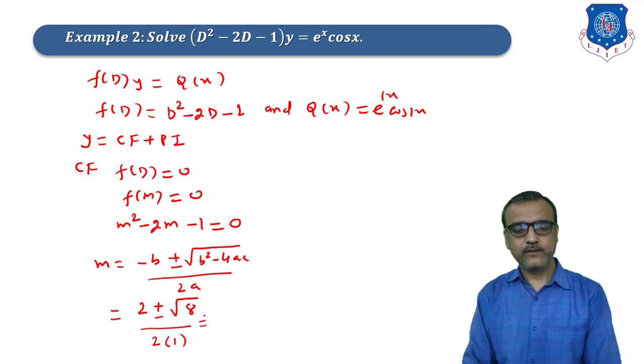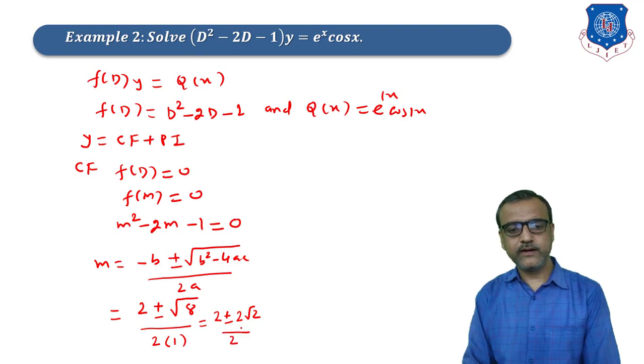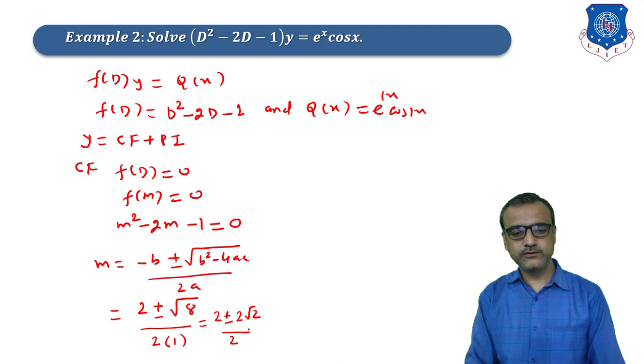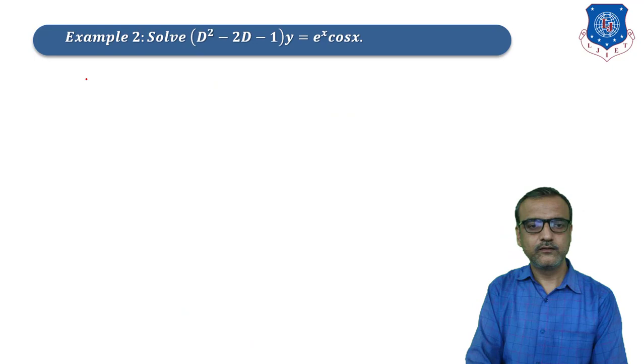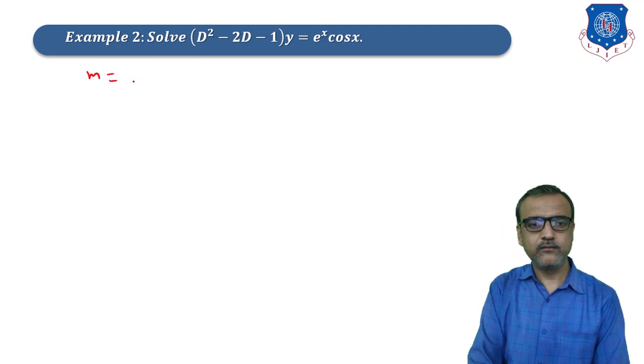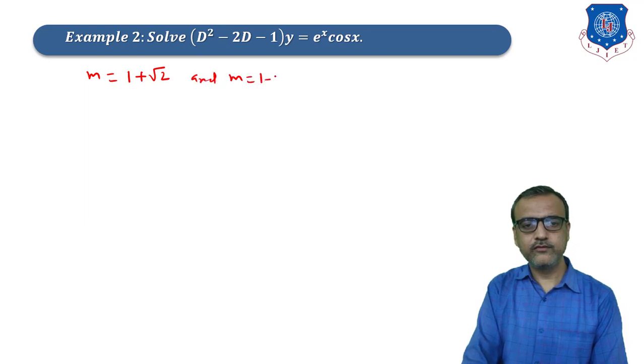Now what is root 8? That is 2 root 2. So we have 2 plus minus 2 root 2 divided by 2. Now dividing the numerator by 2, we have 1 plus minus root 2. So the value of m is 1 plus root 2 and m equals 1 minus root 2.